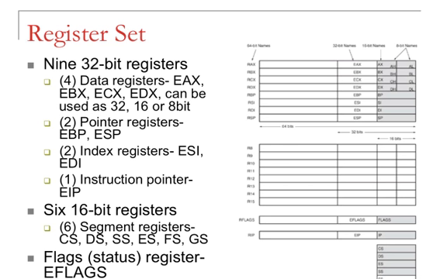AH and AL together, these two, is called AX. So if I tell you this is my EAX register, you see it?